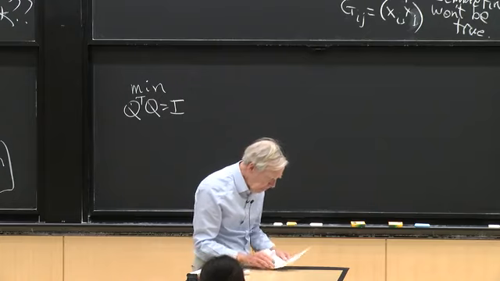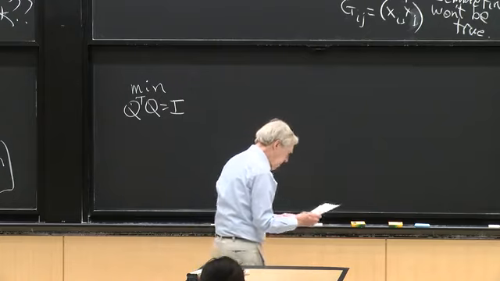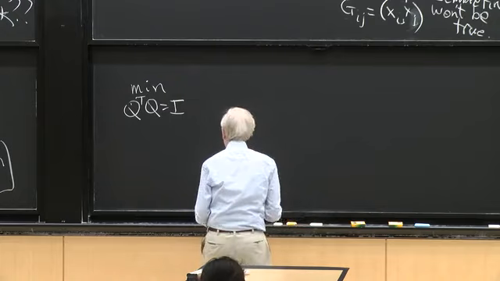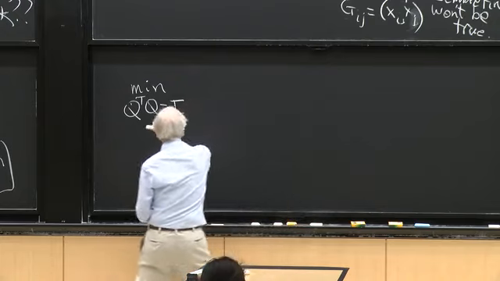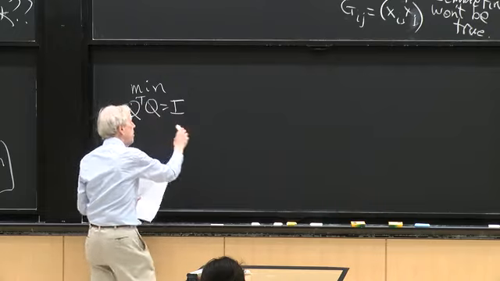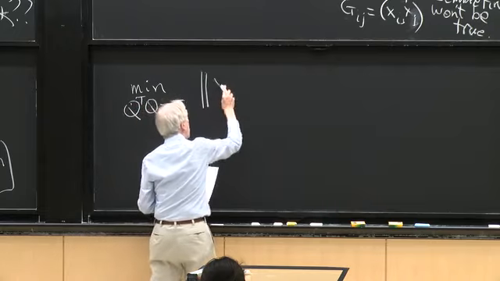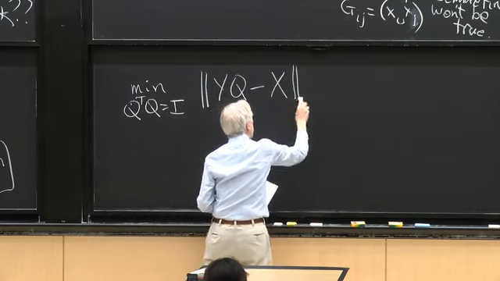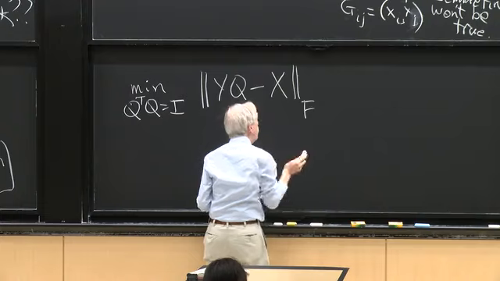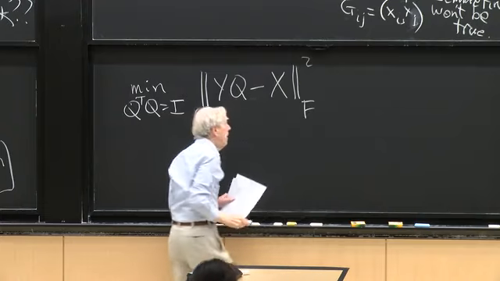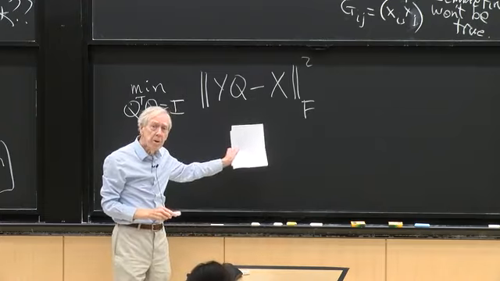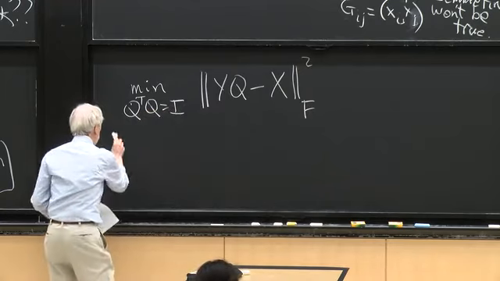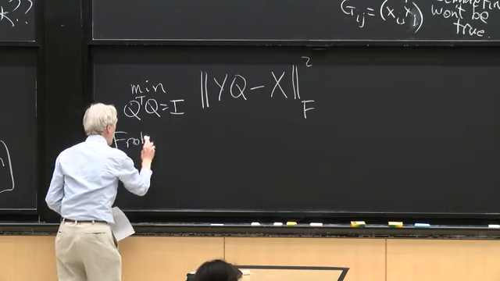What orthogonal matrix Q multiplies the y's to come as close as possible to the x's? So over all orthogonal Q's, I want to minimize YQ minus X in the Frobenius norm. And I might as well square it. So we're into the Frobenius norm. Remember, of a matrix.